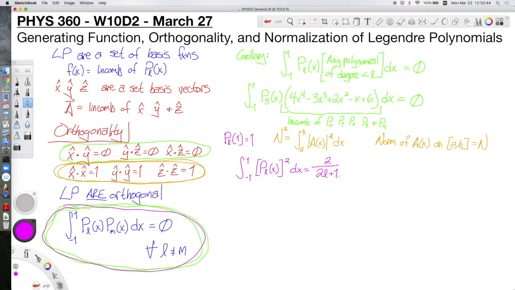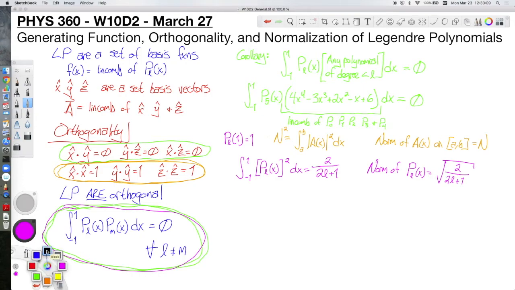So this means that the norm of PL of x is going to be equal to the square root of the result of this integral. So the square root of 2 over 2L plus 1. That can give you some information about how the Legendre polynomials are normalized.